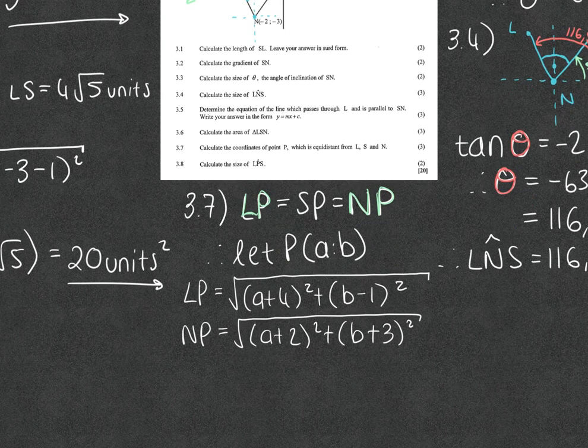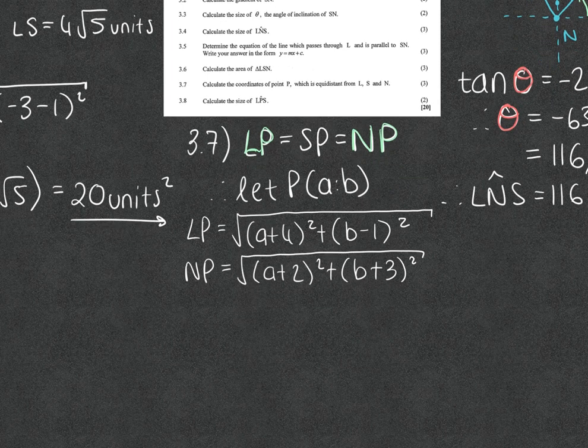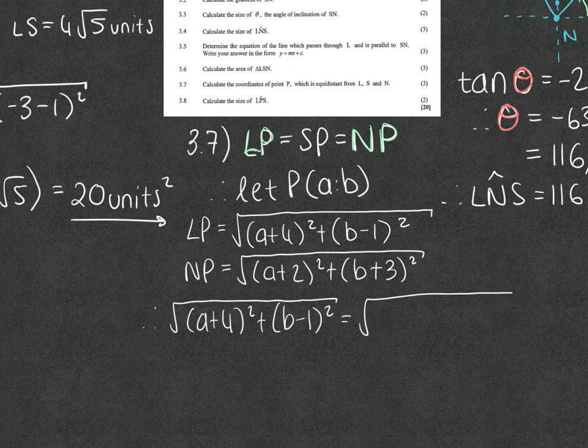Okay, and that is our first equation, okay? Let's write that out. So therefore, square root, and if we times this all out, this is what we're going to get. LP, or we can make them equal because they're equal distances. So square root of A plus 4 squared plus B minus 1 squared equals square root of A plus 2 squared plus B plus 3 squared.